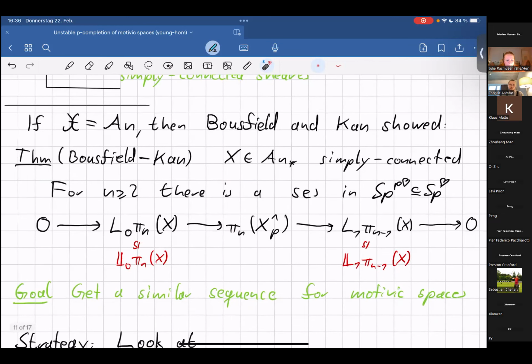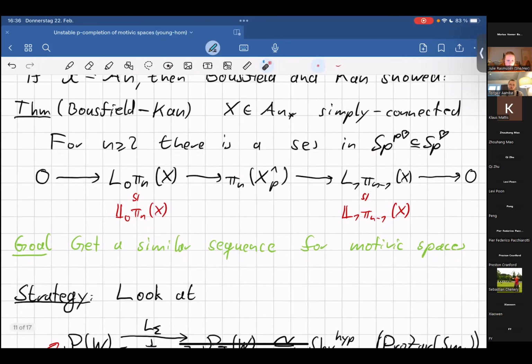And we have seen before that these guys are actually in spectra equivalent to those guys here, and to those fancy derived p-completion functors here. And from this, we see that actually this short exact sequence is living in the p-adic heart, so in p-complete abelian groups. And now the goal is to get a similar sequence for motivic spaces.